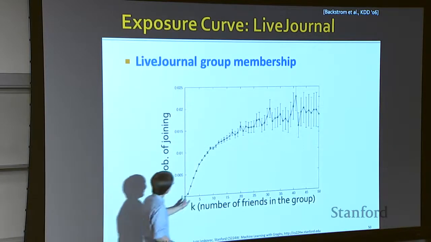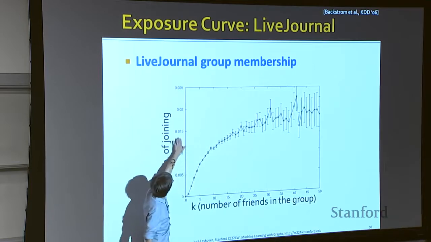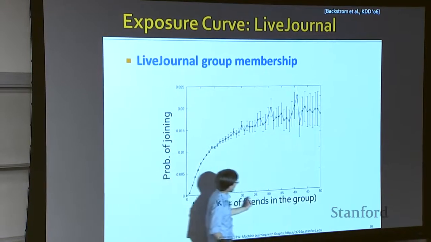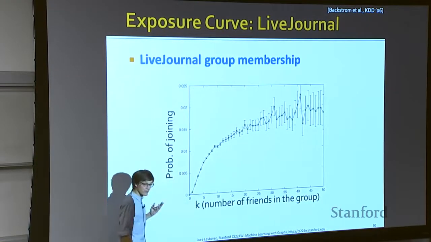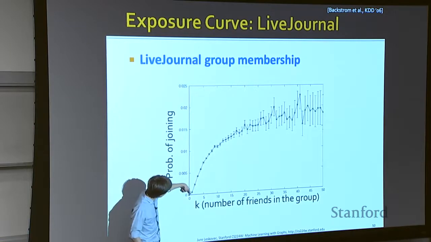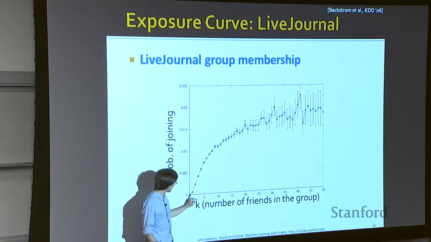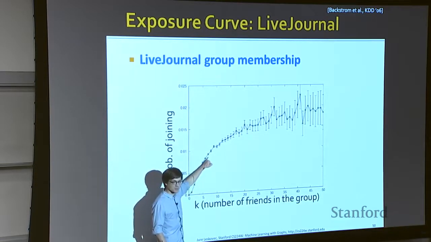And notice it's again this kind of diminishing returns. Here the probability is 1.5 to 2% as more and more of your friends are members of that online discussion group. What is interesting here is you kind of notice this kink. So it seems that at least between 0 and 1, there is something, and then it kind of increases and becomes a diminishing return.